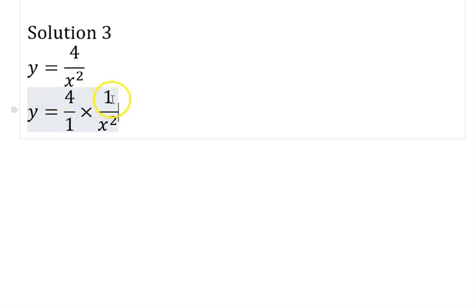If you say 4 times 1 up here to give you 4, and 1 times x squared, it will still give you this x squared that you have at the denominator here.